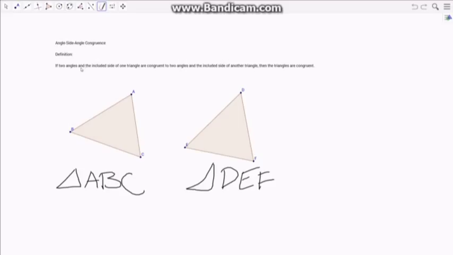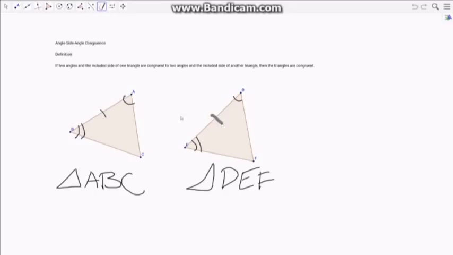Two angles, rather. This is angle 1. This angle here should be congruent to angle D, and the other angle should be congruent to angle E. The included side is the side formed between the two angles, that is side AB and also side DE.